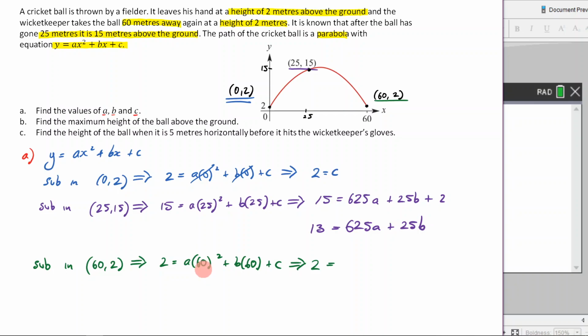This is going to end up being 3600A plus 60B plus 2. And again, I can just move this 2 over to the other side. I'm going to get 0 is equal to 3600A plus 60B. Perfect. Now, once all is said and done there, I have created 2 simultaneous equations. I'm going to label them 1 and 2.